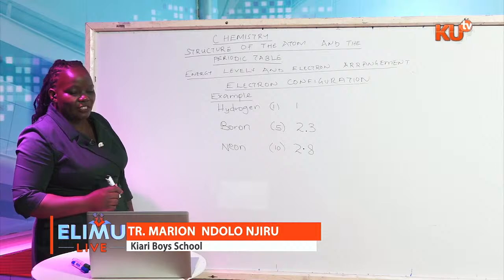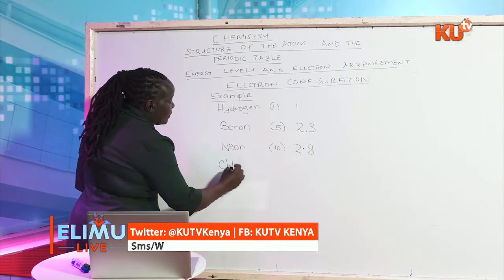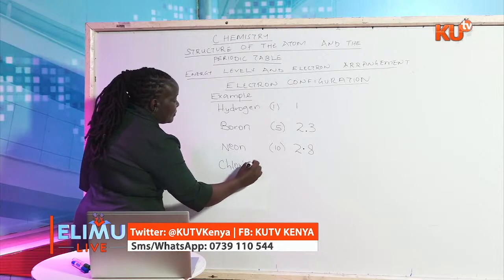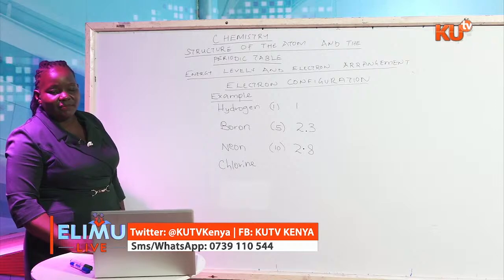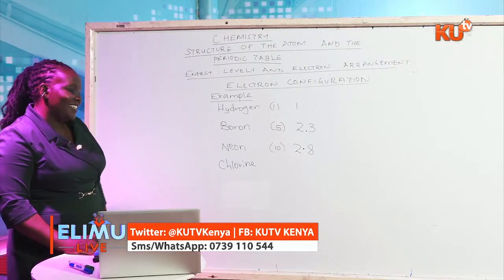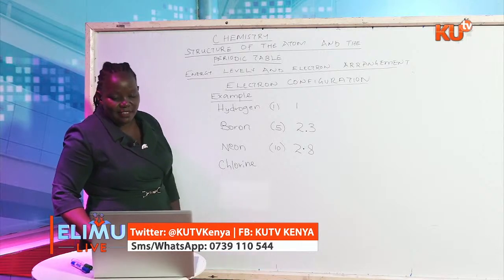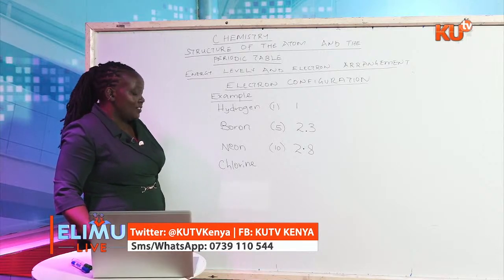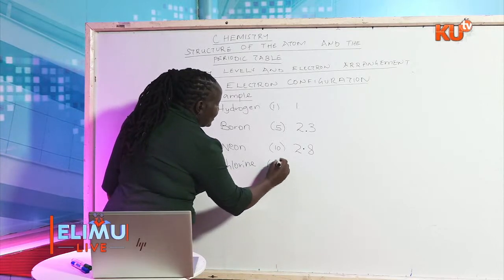Another one that I want us to look at is chlorine. What is the atomic number of chlorine? Good. The atomic number of chlorine is 17. What that means is that it has 17 electrons.